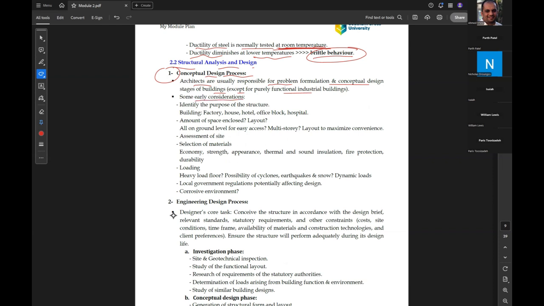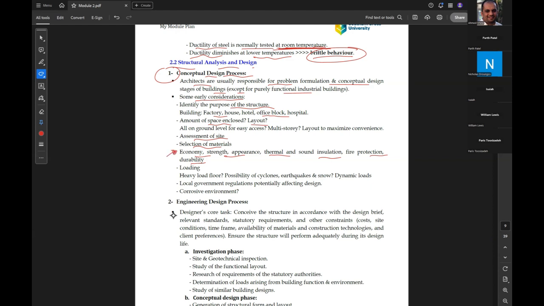Some early considerations we should follow: identify the purpose of the structure, like building, factory, house, or hospital, and so on. Amount of space enclosed, so we need to know the layout of the building and the space required based on its usage. Assessment of the site, selection of the material: economic, strength, appearance, thermal and sound insulation, fire protection, and durability.